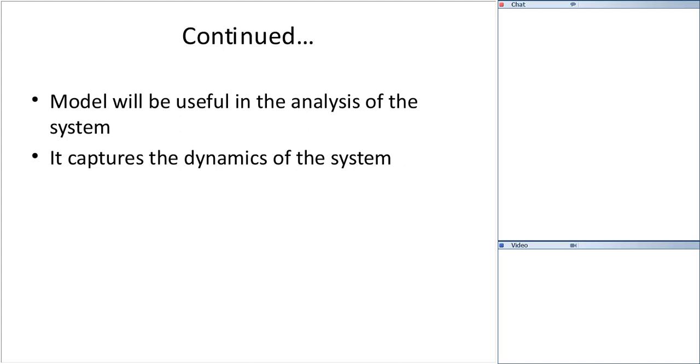Similarly, an underdamped second order system will have oscillations and overshoot, and a critically damped system will not have overshoot. An overdamped system will not have overshoot, but it is sluggish in nature. So it captures the dynamics of the system.